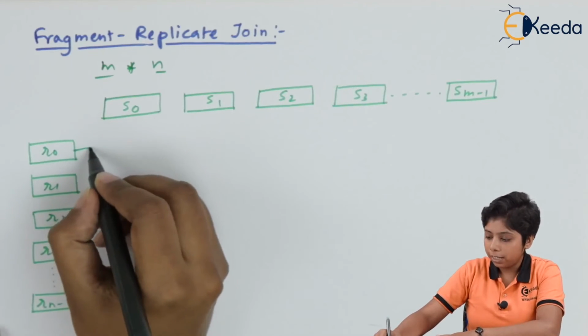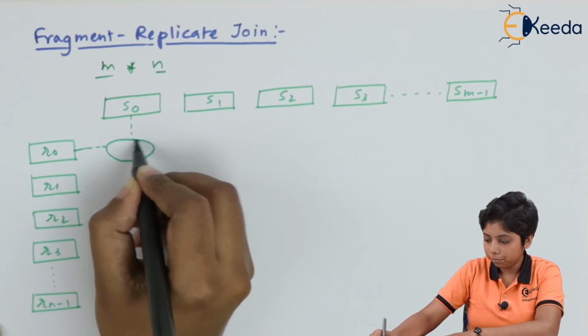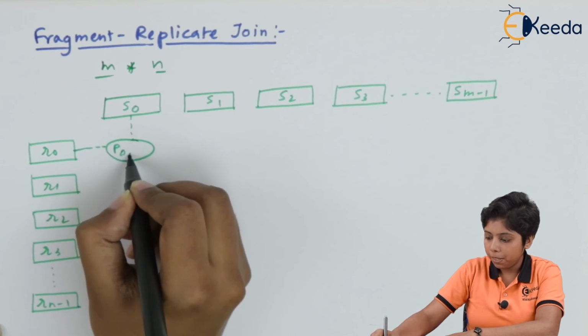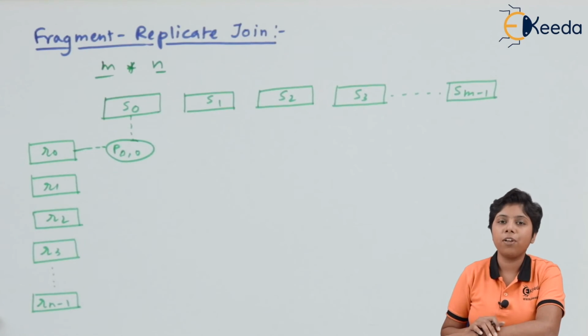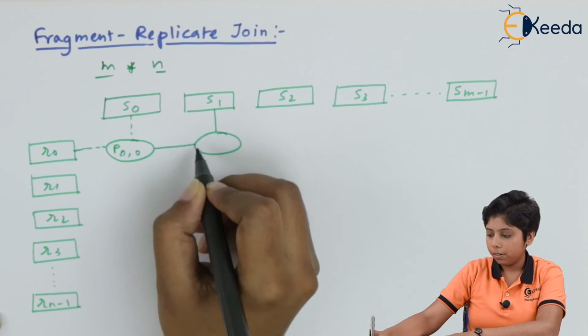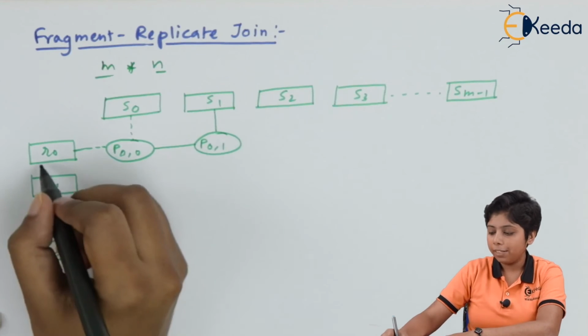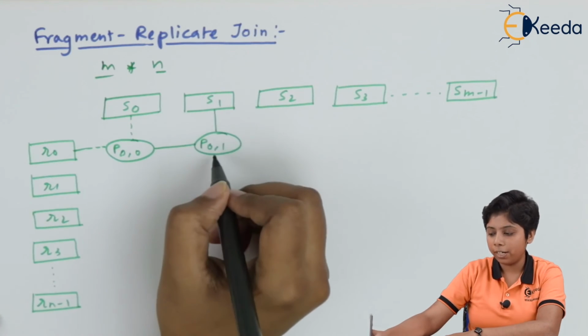So here, for S0, we can have P00. That means we have a Pij combination where we can connect S0 and R0. Similarly, we can have P01 to hold the instances of R0 and S1.